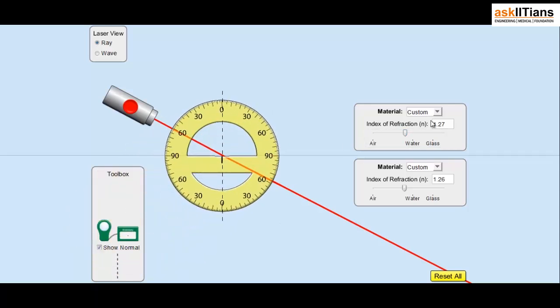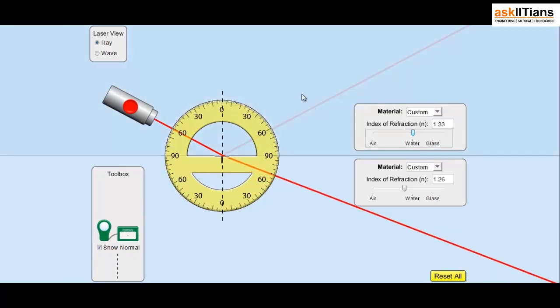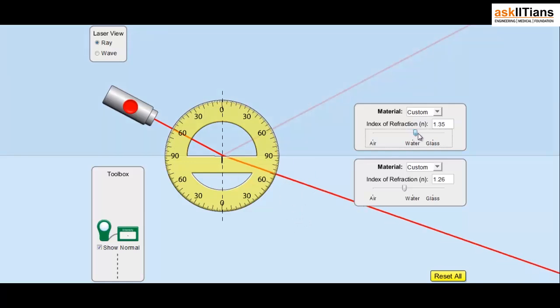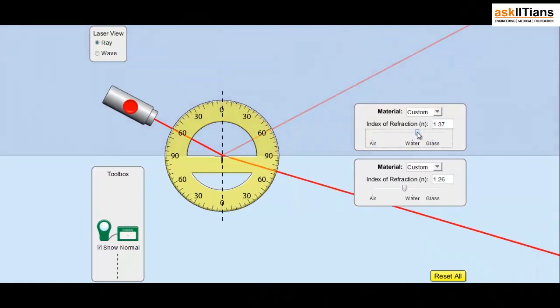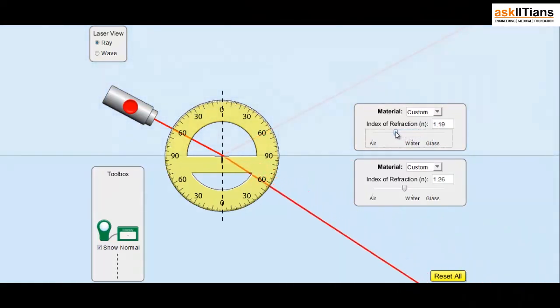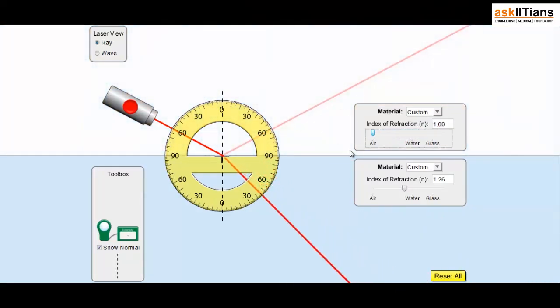Now again I will increase the value, and now it will bend away from the normal, because this is now the rarer medium and this is the denser medium. So it's bending away from the normal, and increasing it takes it further away from the normal. So this is refraction as a whole.